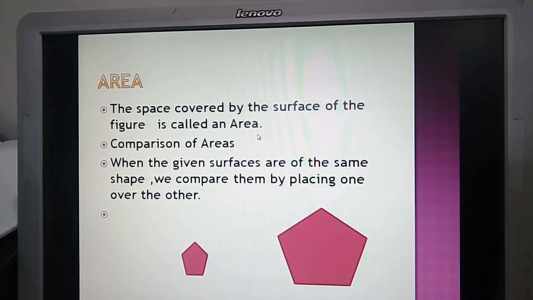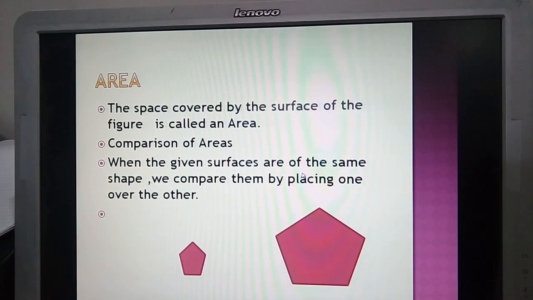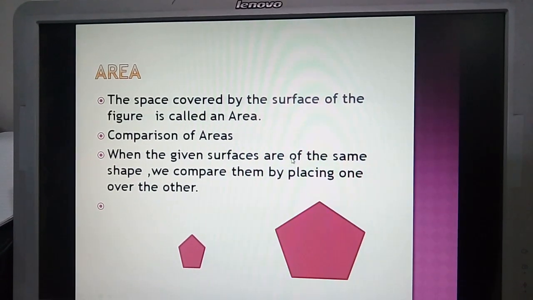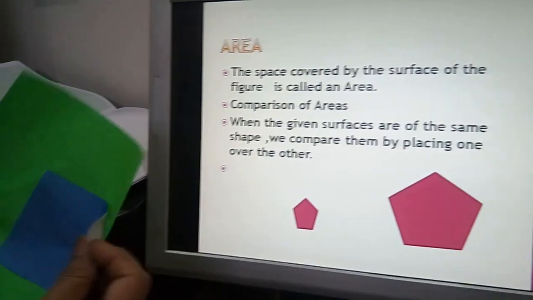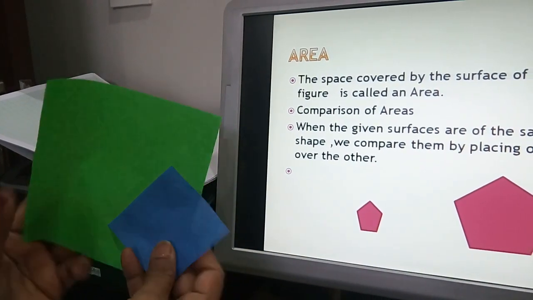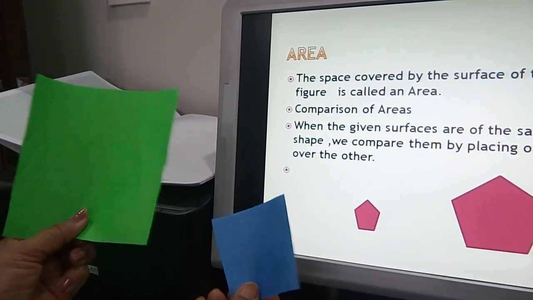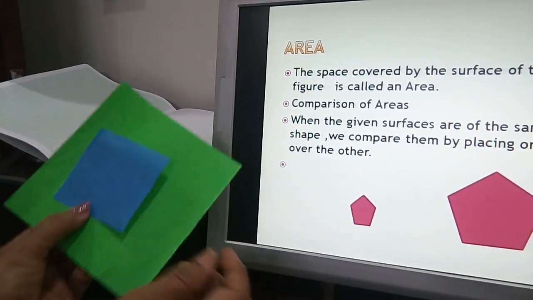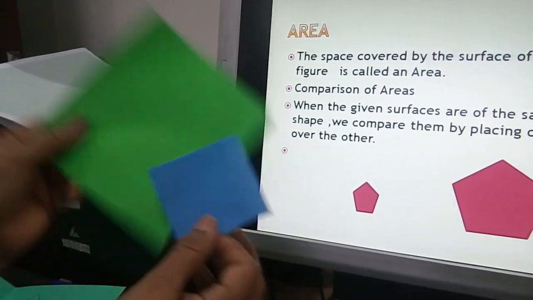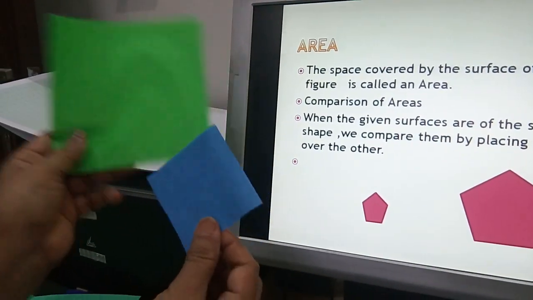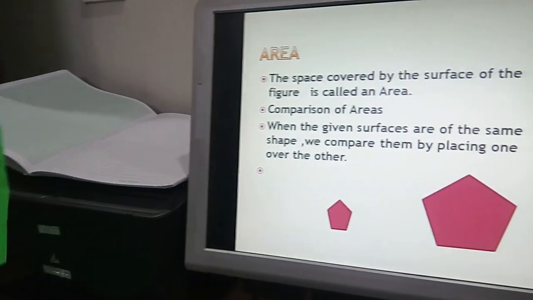Okay? When the given surfaces are of the same shape, like this is a square, this is a square, we compare them by placing one over the other. And it is very easy to say that this is bigger and this is smaller.